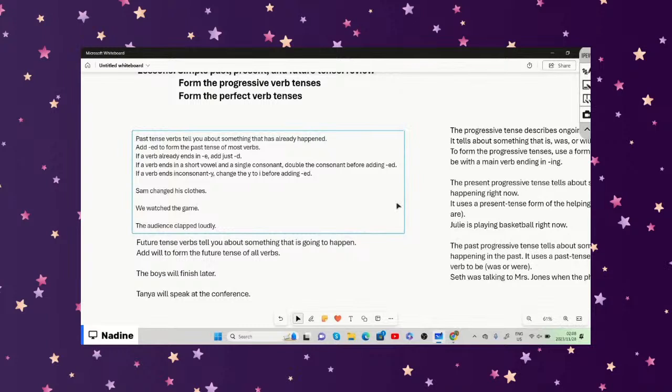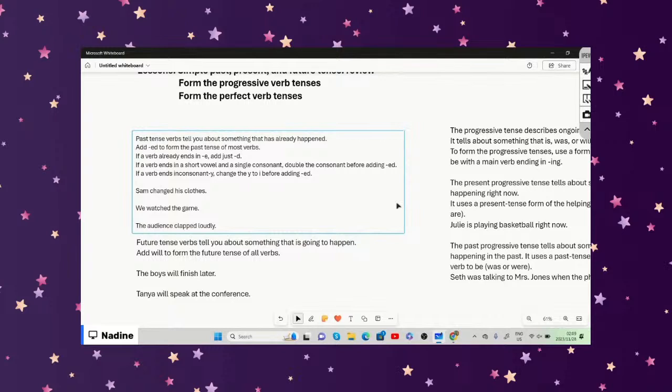When it comes to the past tense of regular verbs, we just add an ed to form the past tense of most of our verbs, to show the action in the past tense.